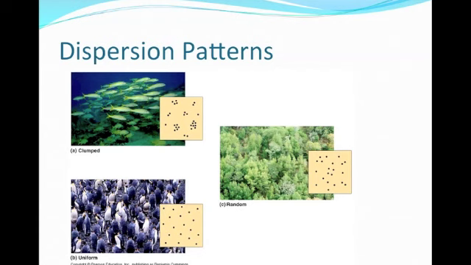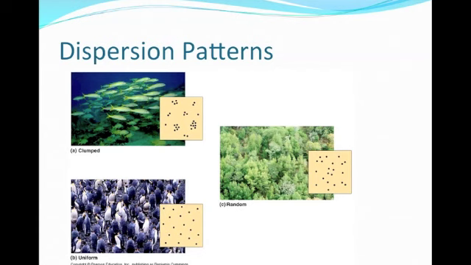Now the next piece is really important, which is dispersion patterns. There are 3 different types: clumped, random, and uniform. And each population or species generally follows a certain dispersion pattern. Clumped is when you all group together, usually around a food source, or like a school of fish, you do so for protection.